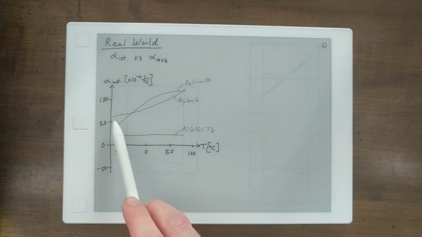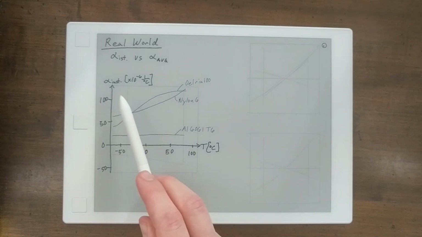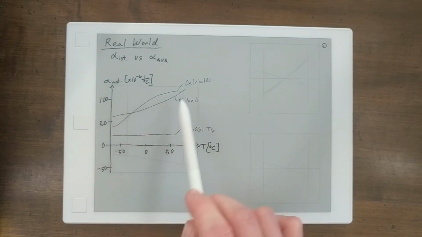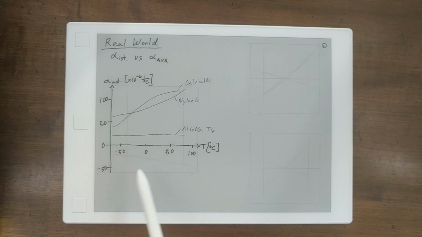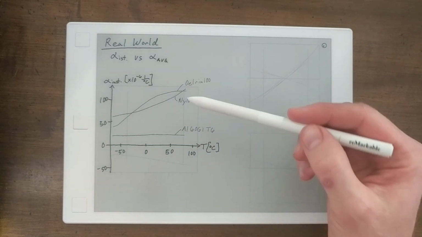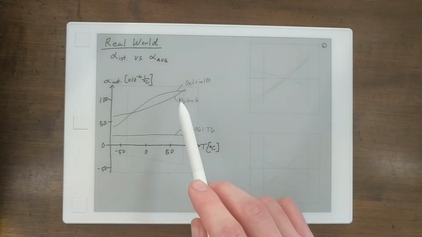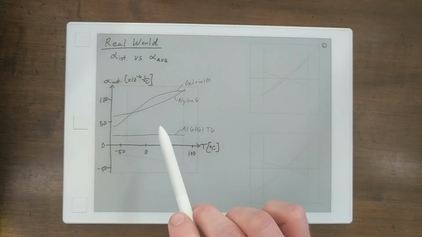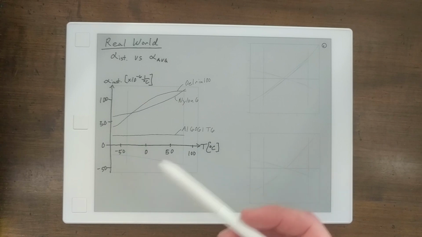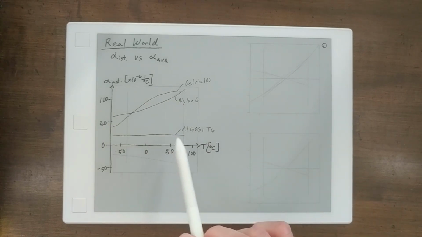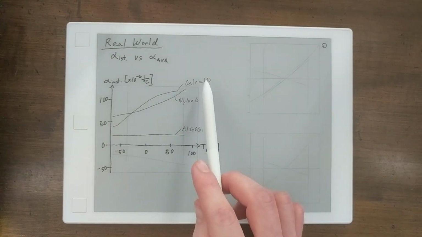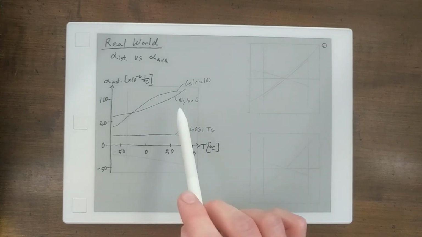You can see that the instantaneous CTE changes quite drastically in this temperature range, between -50 and about +40 degrees or +80 degrees Celsius.